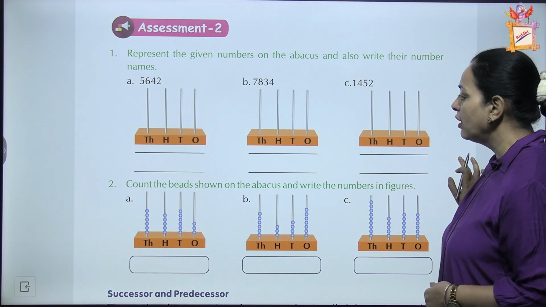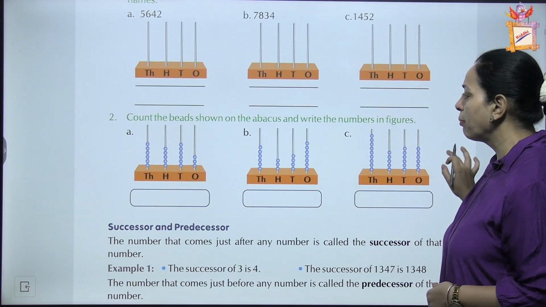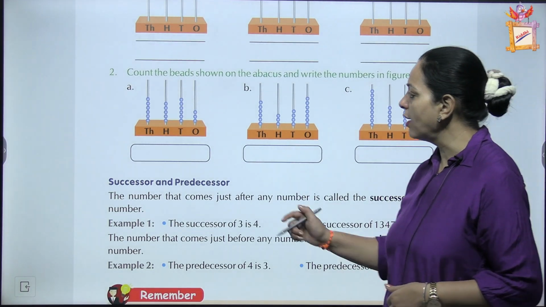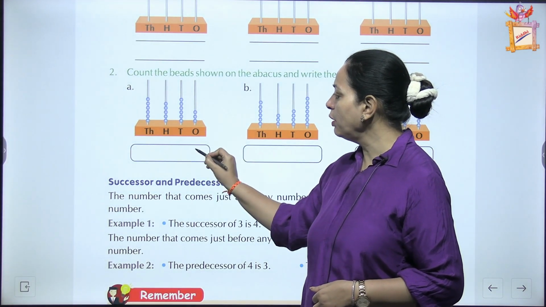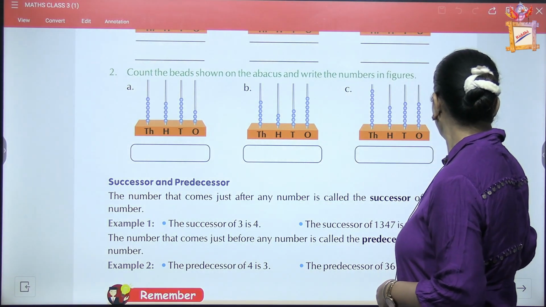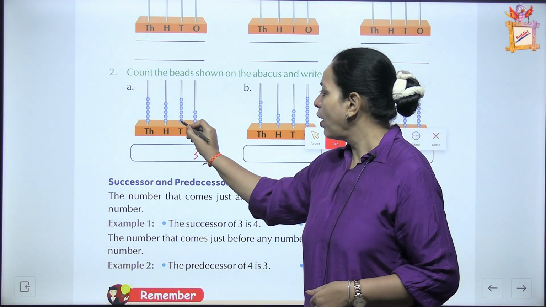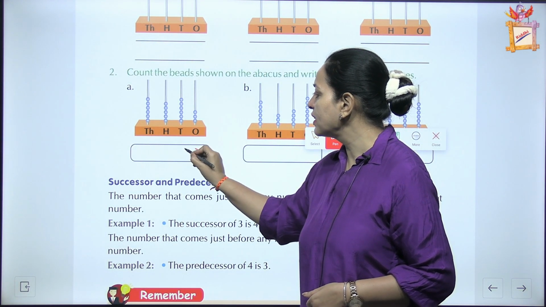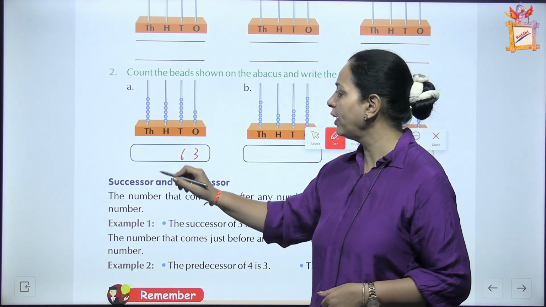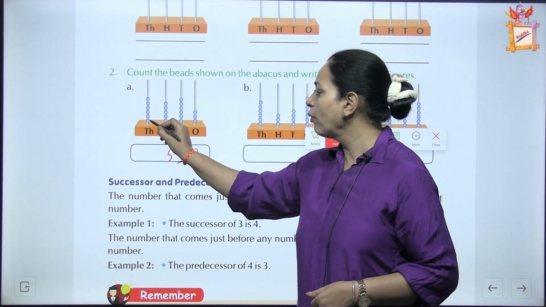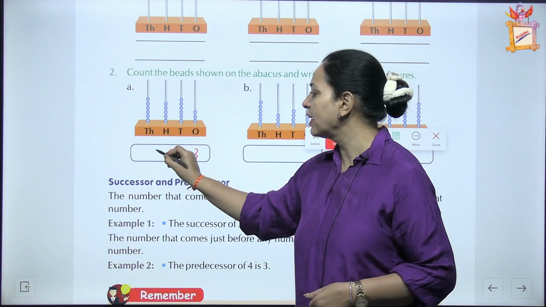The second one: count the beads shown on the abacus and write the numbers in figures. See here, A part. In ones we have 3 beads, so the ones digit is 3. Then 1, 2, 3, 4, 5, 6. In the tens spike, 1, 2, 3, 4, 5, in hundreds, and 1, 2, 3, 4, 5, 6 in thousands.